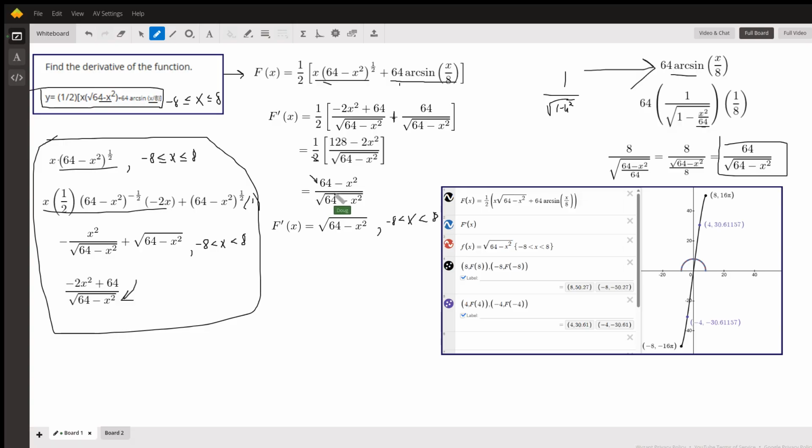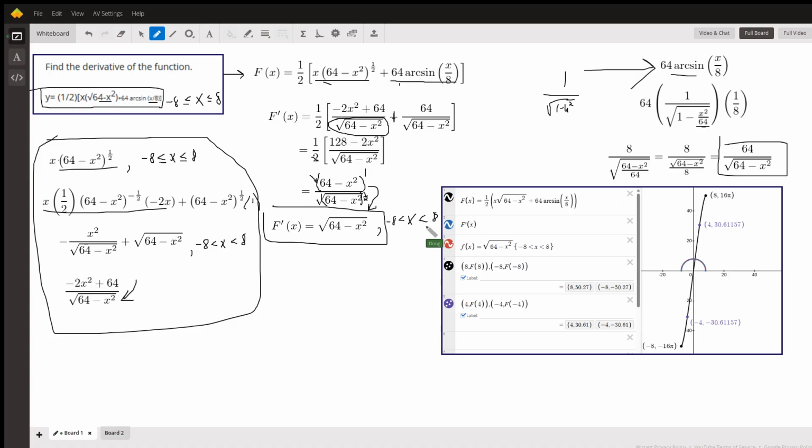A couple ways to get from here to here: rationalize the denominator, or picture this with an exponent of 1 and this with an exponent of 1/2. So 1 minus 1/2 gives you an extra 1/2 in the numerator. So there's f prime.